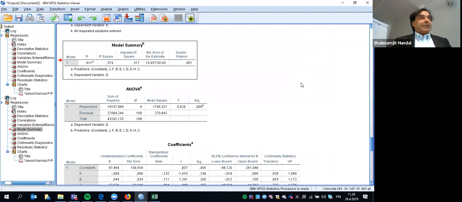You can bring your own data from somewhere if you wish to, because otherwise, if you experiment on the same data, the same results will come. So maybe you can download data from some other source. Or you can change the variable. Next time you can make some other variable dependent and the others independent. That's what you can do. See how this goes.